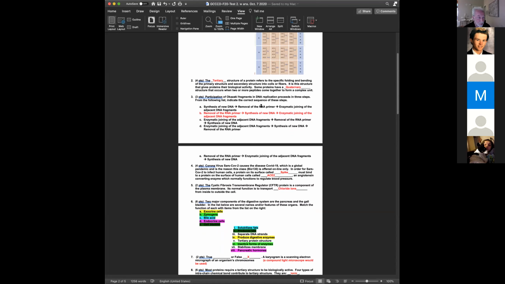So what is the sequence of steps dealing with Okazaki fragments? Well, it's in red here. First, you remove the RNA primer, then synthesize new DNA, and then DNA ligase comes along, stitches together the fragments to make a complete DNA sequence. Any question about that?